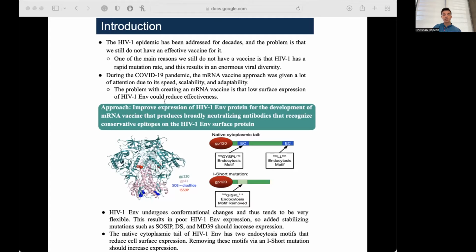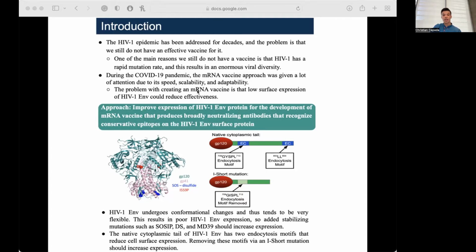These mutations stabilize the surface protein, which tends to be very flexible due to HIV-1 ONV being able to undergo a lot of conformational changes. This flexibility is part of what makes HIV-1 ONV expression so bad. So stabilizing ONV through mutations such as SOCIP, MD39, and DS increases expression.